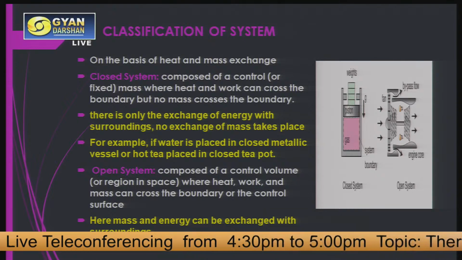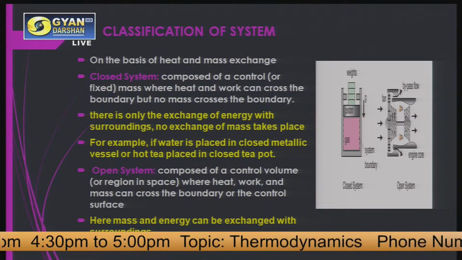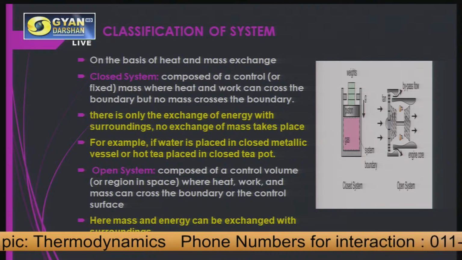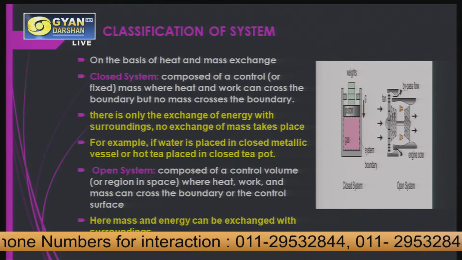For example, if water is placed in a vessel or hot tea is placed in a teapot, then what happens? After some time that tea becomes cold. Why? Because the heat is transferred from that thing. We all know that heat is transferred from higher temperature to lower temperature.